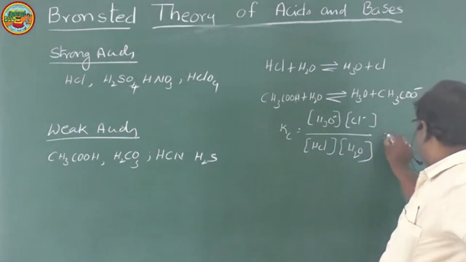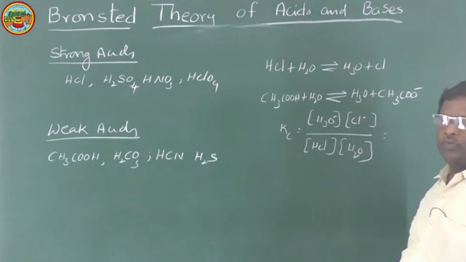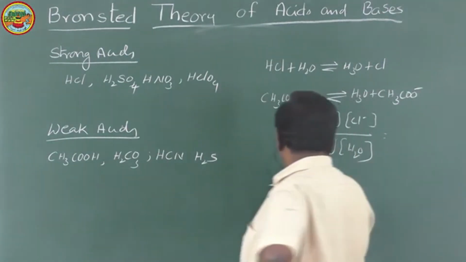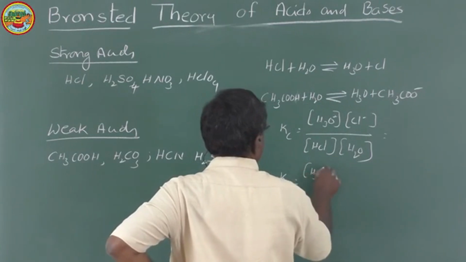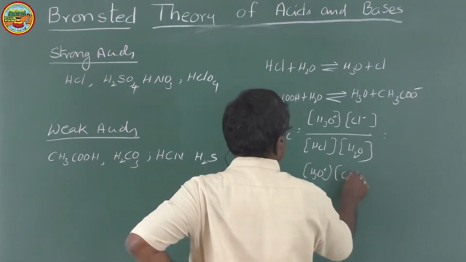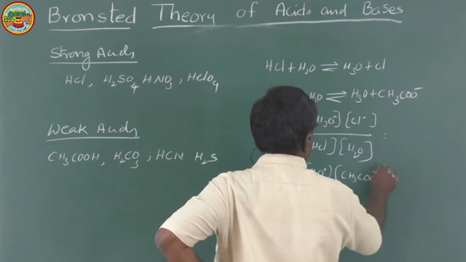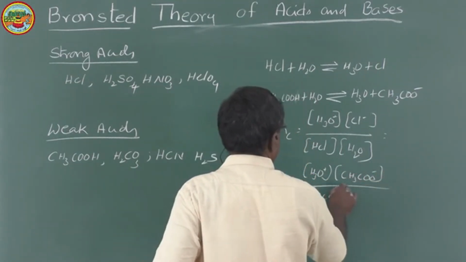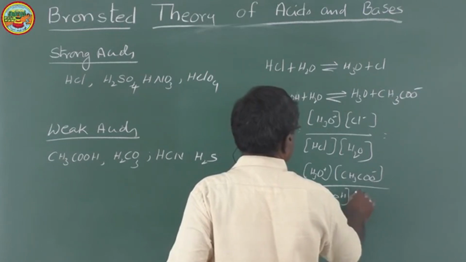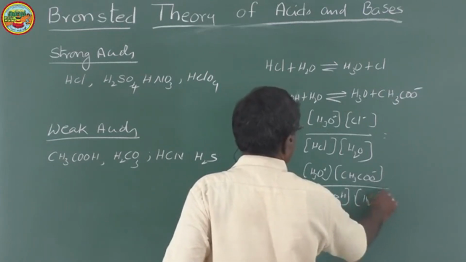Here you will have a certain value for this ratio. For the second reaction, Kc is equal to concentration of H3O plus into concentration of CH3COO minus by concentration of CH3COOH into concentration of H2O.